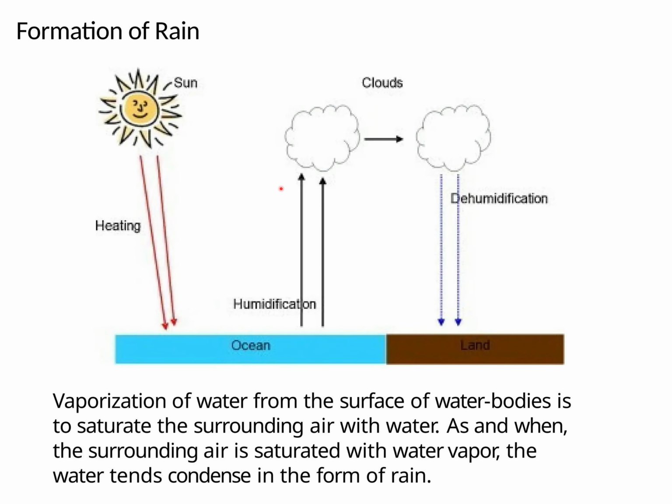To understand humidification and dehumidification, please take this image into consideration. Under heating, the ocean surface evaporates, and this raises the moisture in the air. This is called humidification. So coastal areas are very humid.